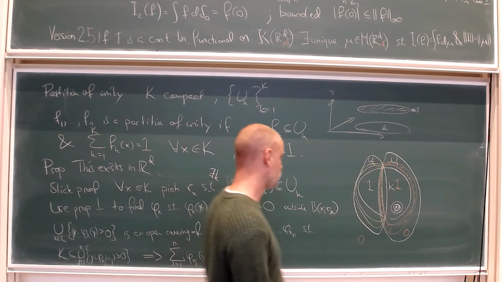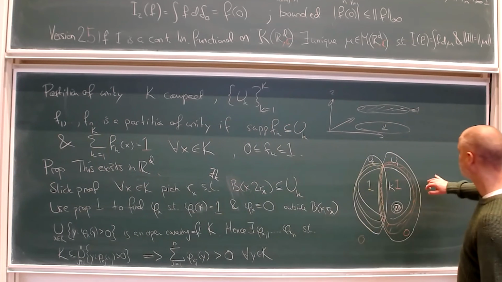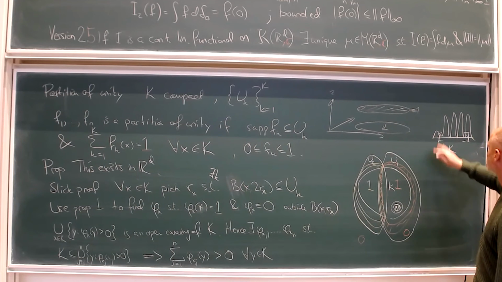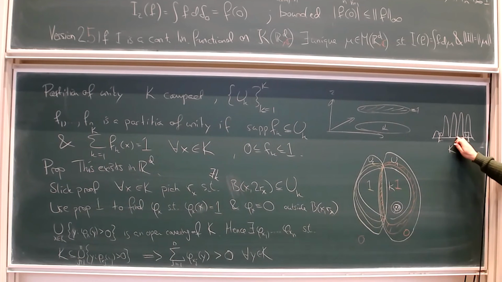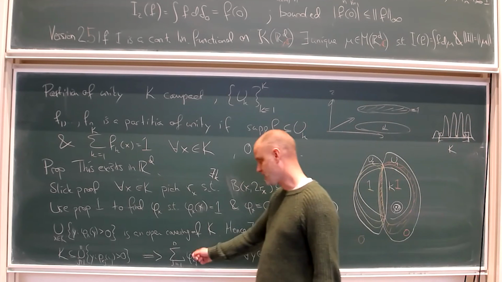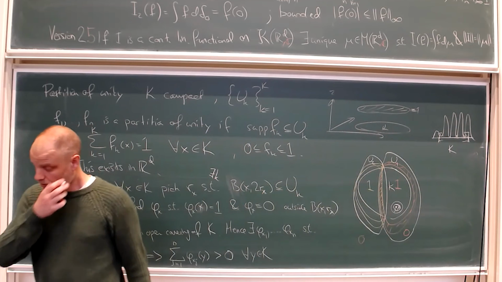So now I've managed to construct something extremely bumpy here, right? So if we're on the real line, this is my K, or I should paint it like a closed thing, then this thing can look completely whatever, right? But it's never 0. So it always turns around maybe like this. Here you can see maybe phi 1, phi 2, phi 3, phi 4, phi 5. Or you can imagine phi x1, phi x2.